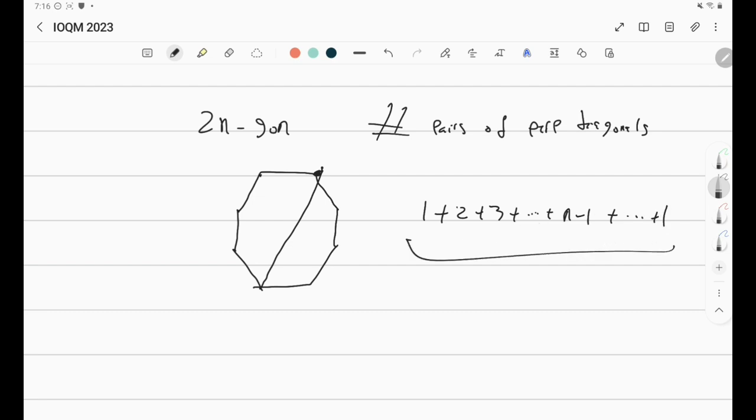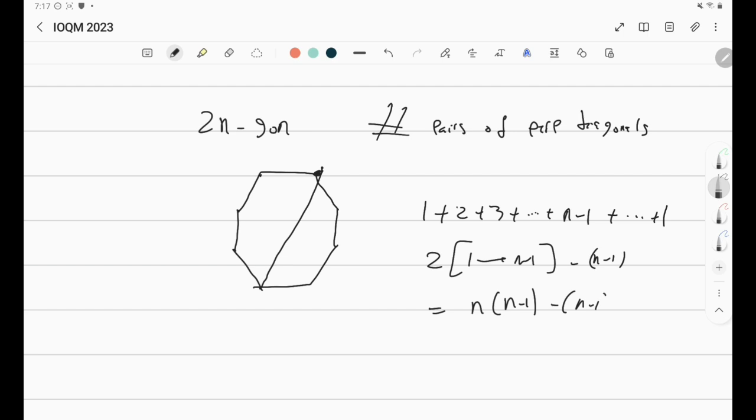So how do we calculate something like this? Easy. Add n minus 1 again. So it's going to be 2 times the sum from 1 to n minus 1, minus the n minus 1 that we already have. This thing is n minus 1 times n over 2. With the 2 it cancels, so this thing is n times n minus 1 minus n minus 1, which is just n minus 1 squared.